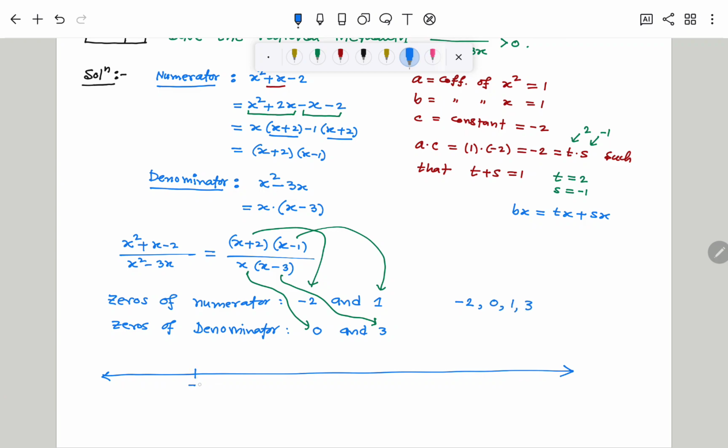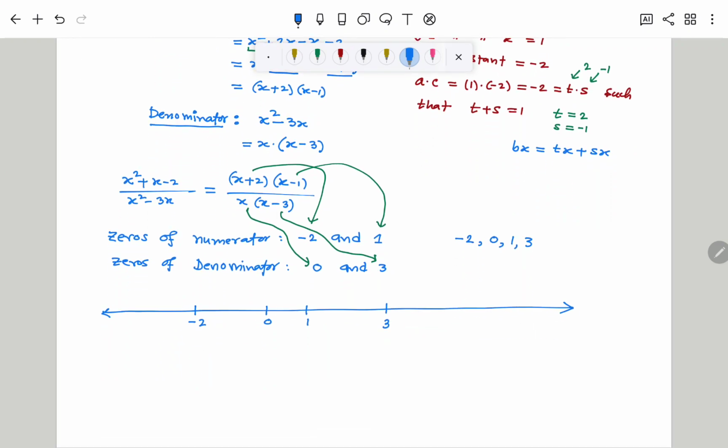So these four numbers divide the total real line into 5 subintervals: negative infinity to negative 2, negative 2 to 0, 0 to 1, 1 to 3, and 3 to infinity.